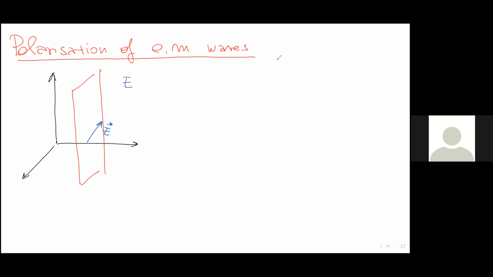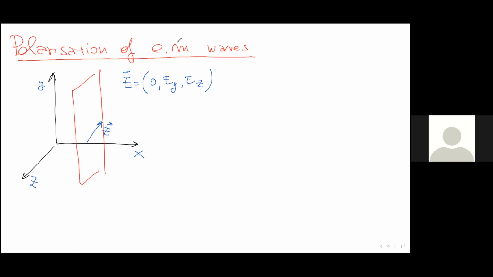So the electric field has components along y and z. These are the components. So there is no component of the electric field along the propagation direction, which is the x direction.